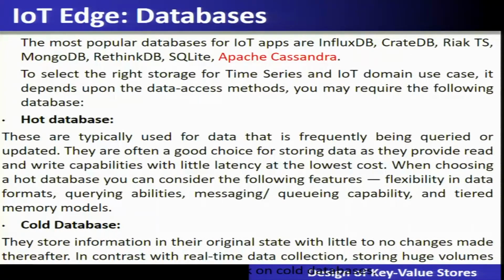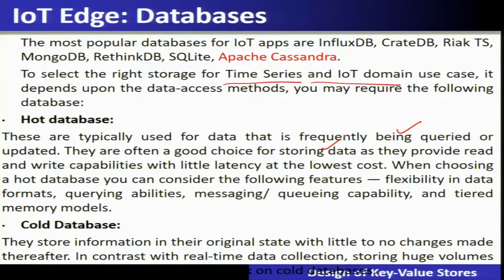To select the right storage for time series data in the IoT domain use case, it depends upon the data access methods, which are given as follows. A hot database is typically used for data that is frequently being queried and updated, and as the data enters this system of edge and cloud, these kinds of queries or analysis are to be supported instantly.